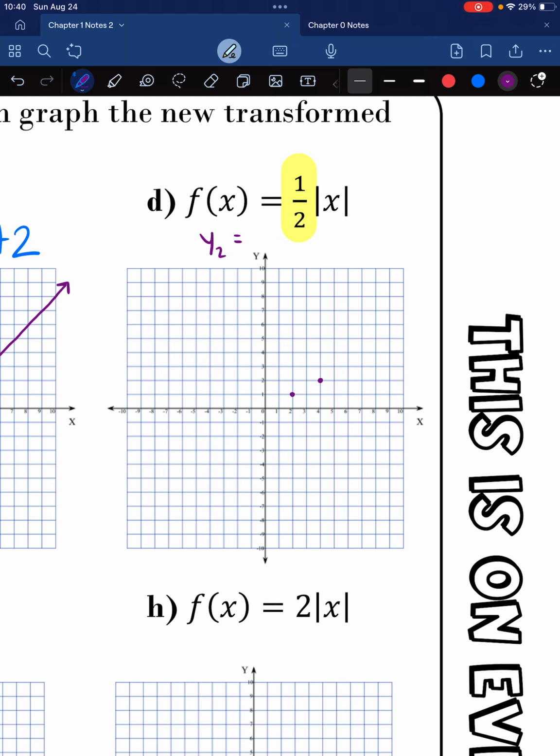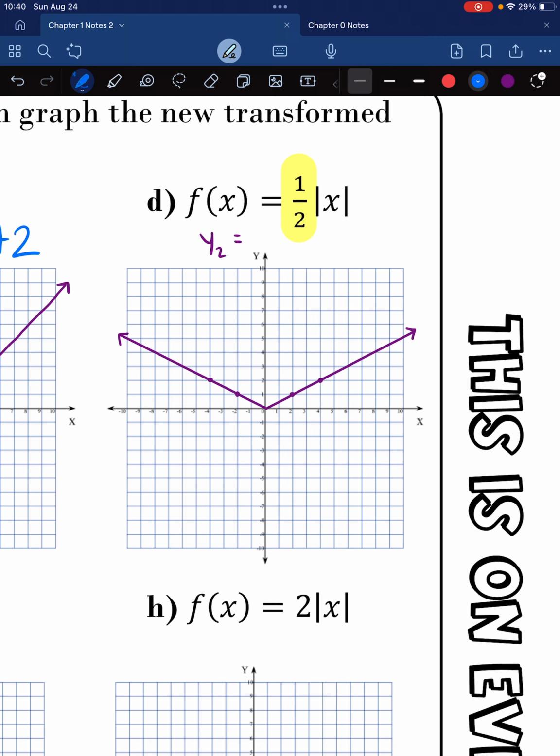We should see the graph looks like a vertical compression. There we go.